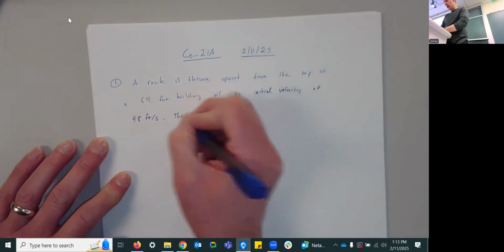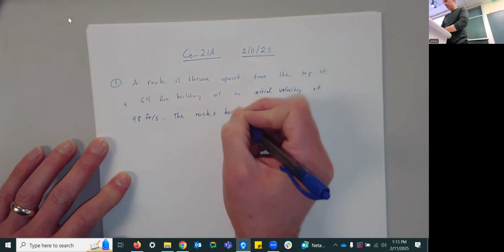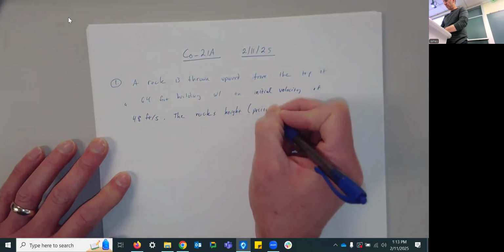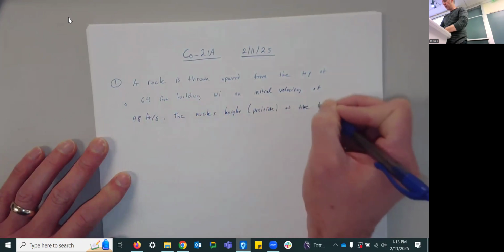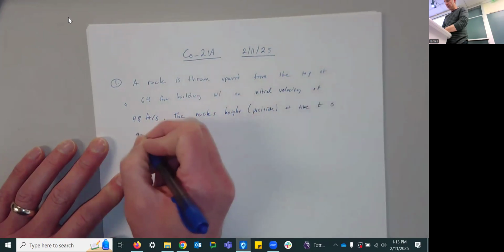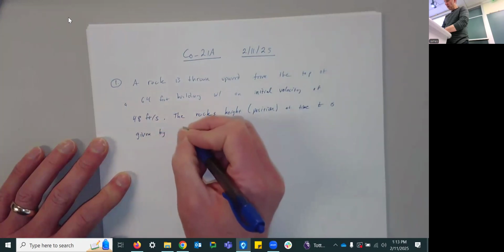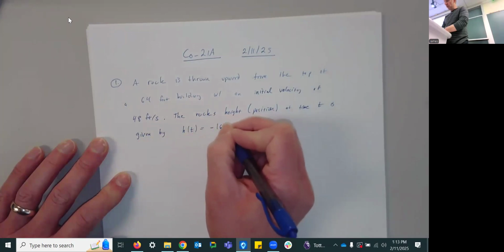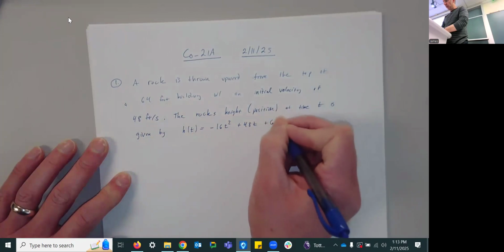The rock's height or position at time t is given by h of t equal to negative 16t squared plus 48t plus 64.